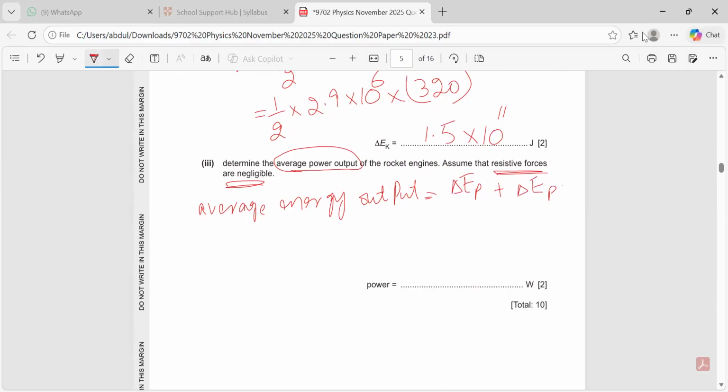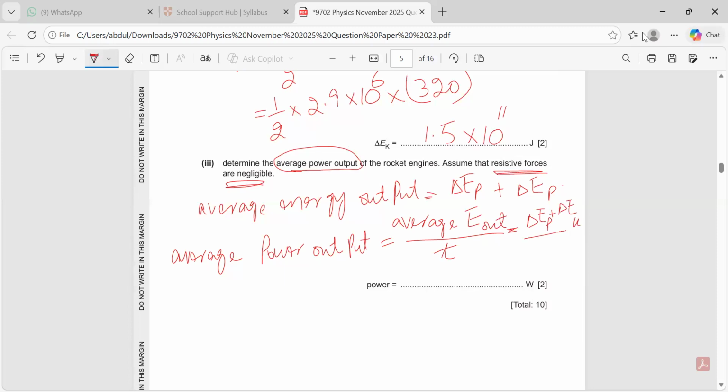And what is the average power output? That will be the average energy out over time, so equal to delta EP plus delta EK over T.